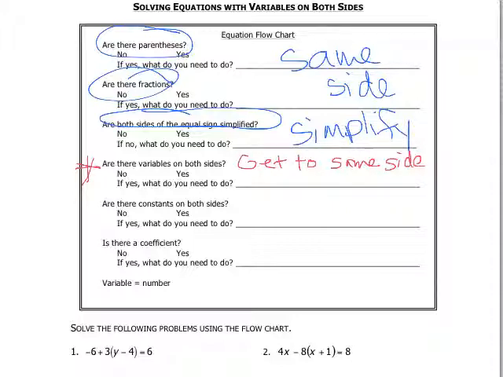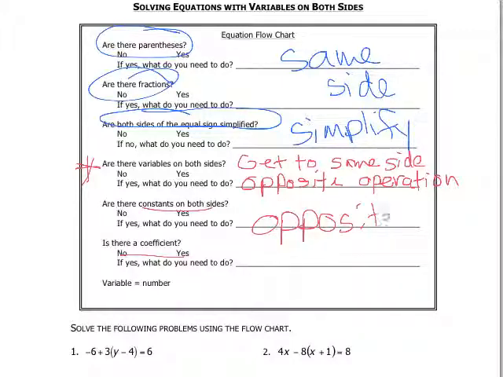So I bring them to the same side with opposite operation. Okay, so same side simplify, get variables to the same side with an opposite operation, and then the constants on both sides, coefficient, all that stuff is opposite operations again.